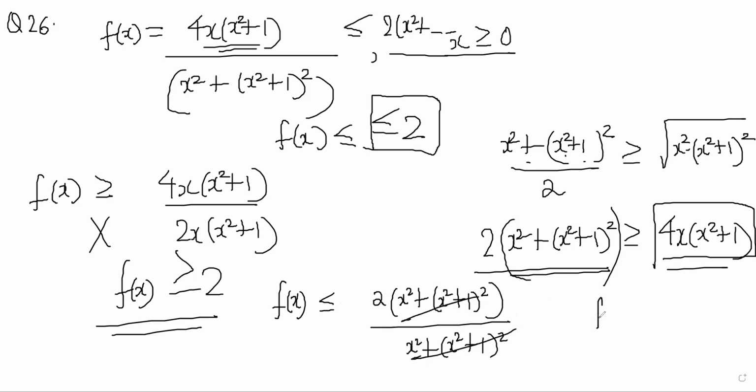So f(x) is less than or equal to 2. That doesn't solve it for us, but it tells us that above 2 it cannot be. So D is wrong. Okay, so let's think of some other way then. We have to think of some alternatives now.